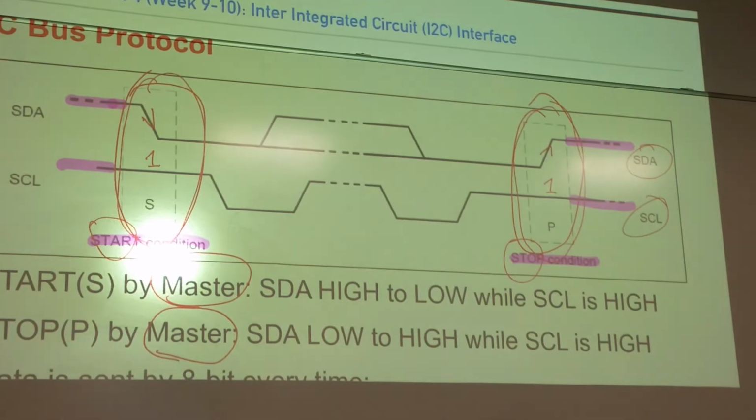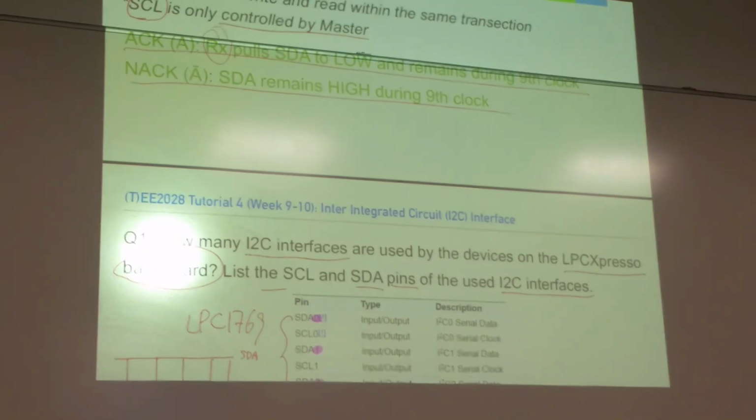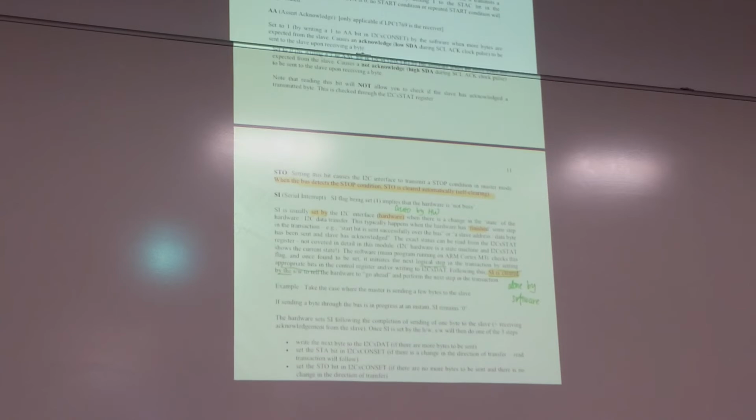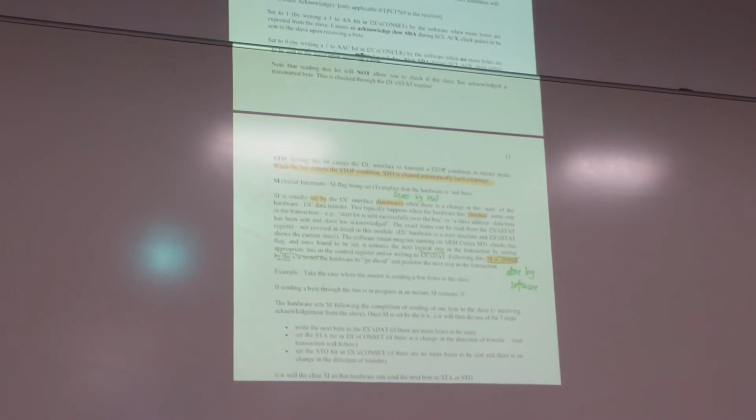So let me show you the lecture notes. Yeah, the one that you talking about. No, what was the last one? What was the last one about? What was the last one about? No, that's all. Something else. You need to start, you need to stop lah. Uh-huh. 2 hours. Yeah. It's the same.